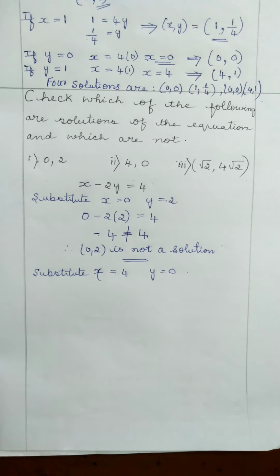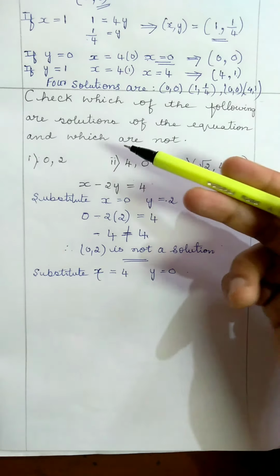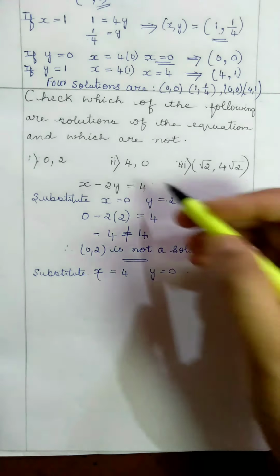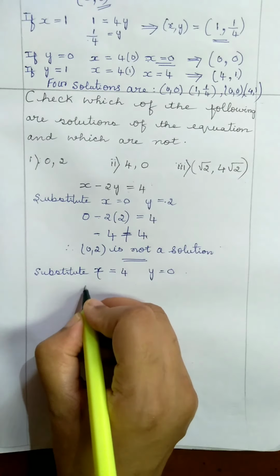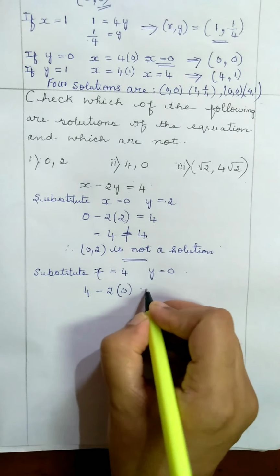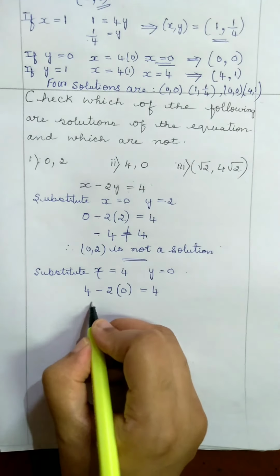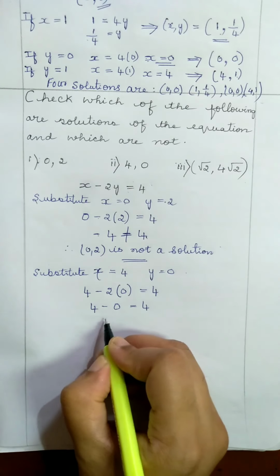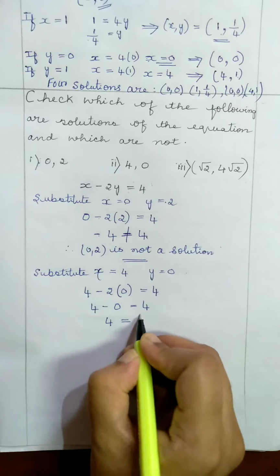Now consider the second option, that is (4, 0). Now substitute x equal to 4 and y equal to 0 in this equation. So we have 4 minus 2 into the value of y, which is 0, equal to 4. Now 4 minus 2 zeros are 0 equal to 4. 4 minus 0 will be equal to 4 and again it will be equal to 4.